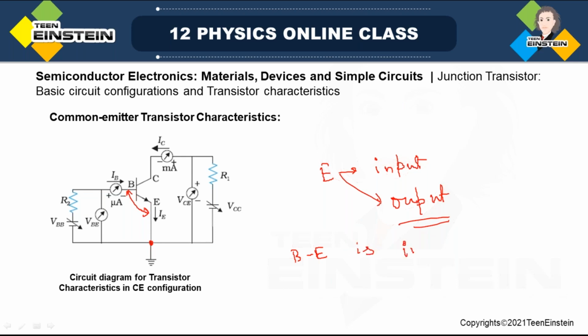BE is the input junction, and CE is the output junction.